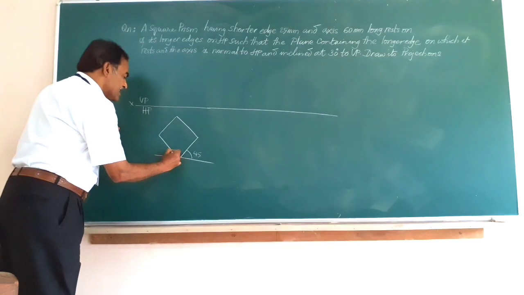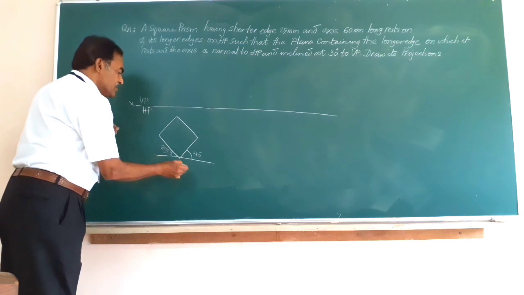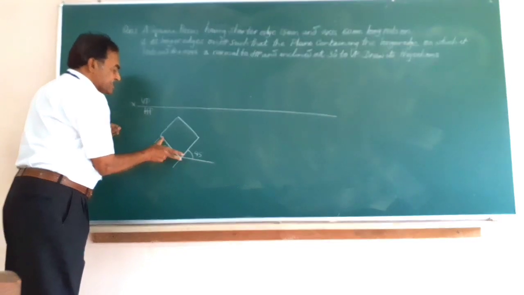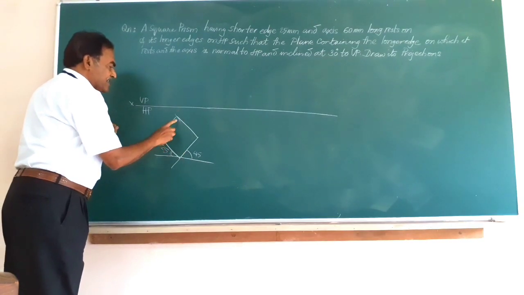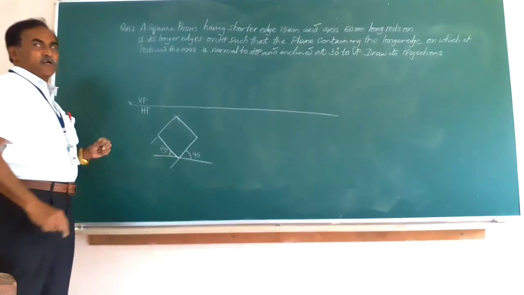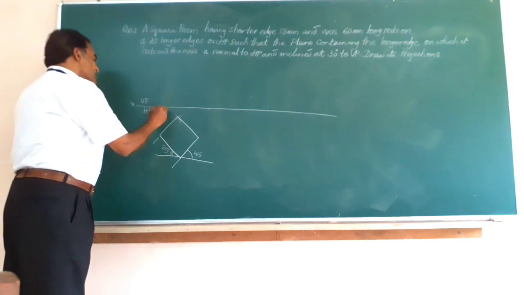Likewise, mark another line from the same point of length equal to 25 mm and angle equal to 45 degrees. So once you have these two lines, then taking this point as the center, radius 25, you can draw an arc. Likewise from here another arc, those two meet at this point. You get the top view of the square prism.